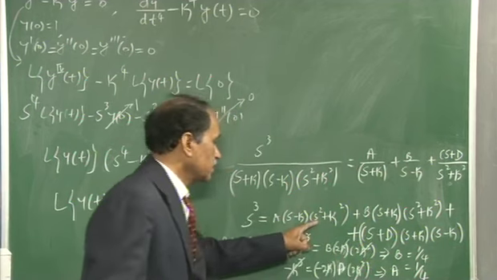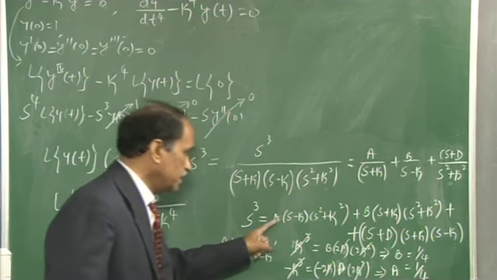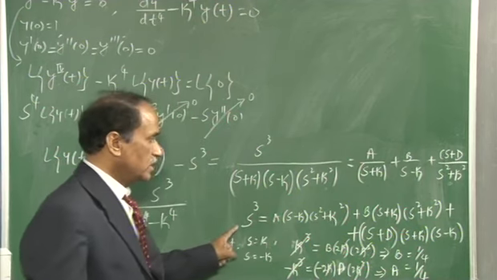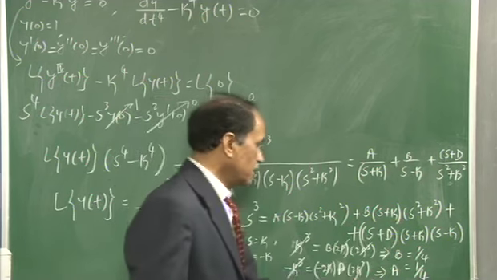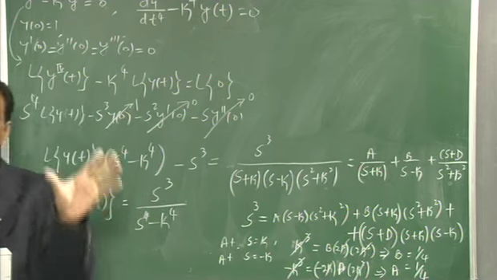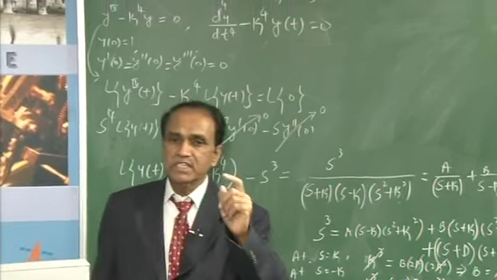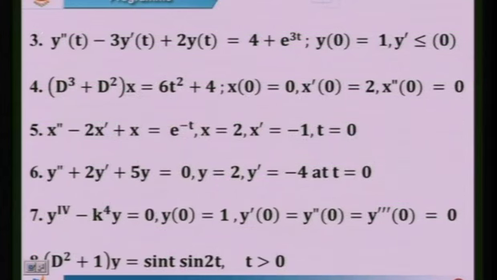For example, here the s cube coefficient in the left side is 1 and s square into s, that is a, one term, and here s cube you have to collect, you will get one equation in terms of three constants, but already two we have evaluated, so that another one constant easily you can separate, and then you work out that one.